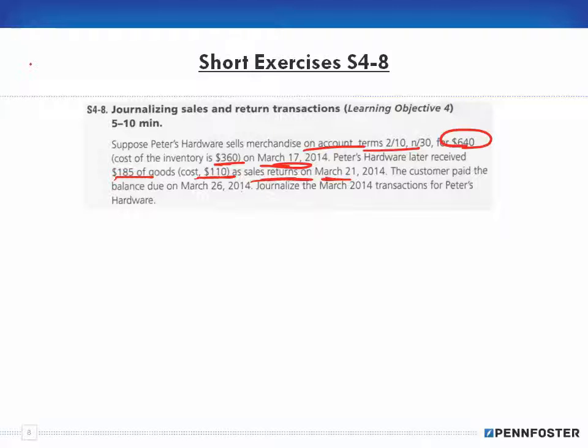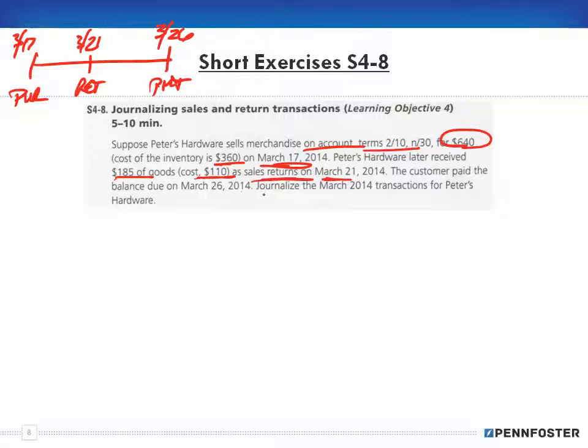So from a timeline perspective, this is 3/17 and he's making a sale. Then on 3/21 there's a return. The customer paid the balance due on March 26, so on 3/26 there's a payment. Journalize the transactions for Peters Hardware.